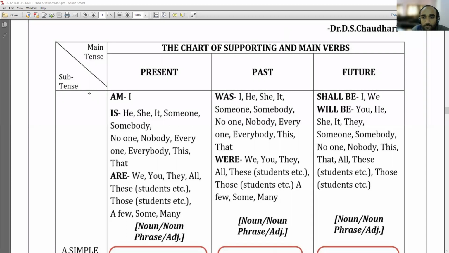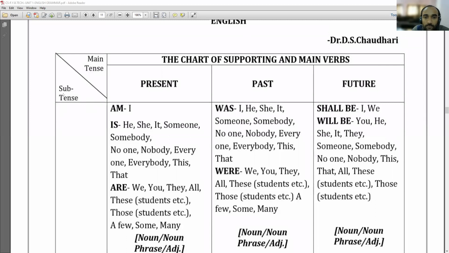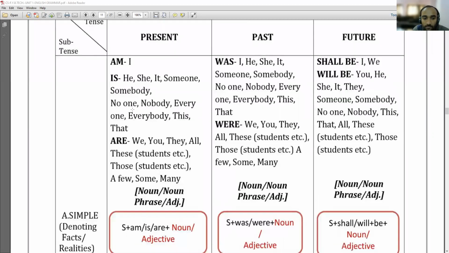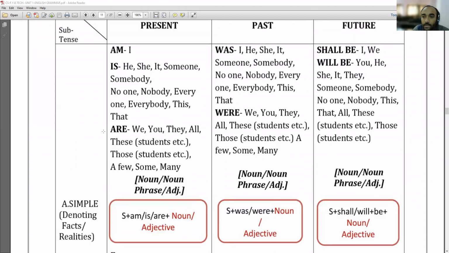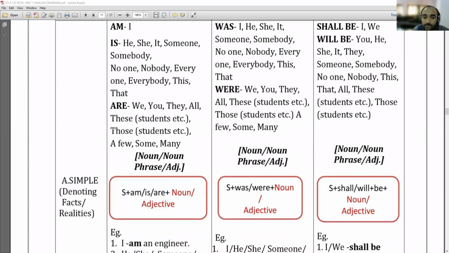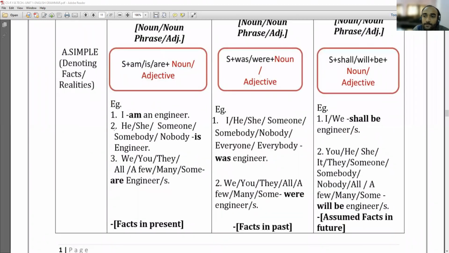Let's move towards our chart. In yesterday's lecture we discussed the supporting verbs. For the simple tenses, generally we use those tenses for showing facts.